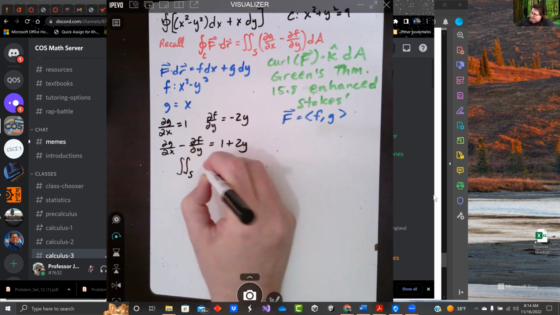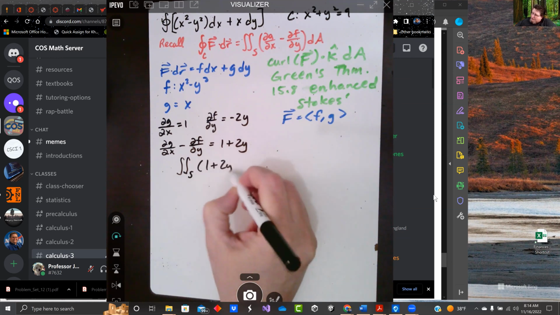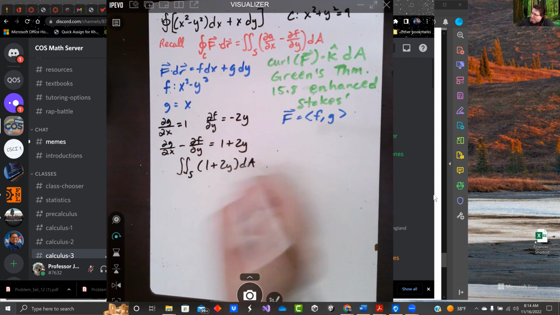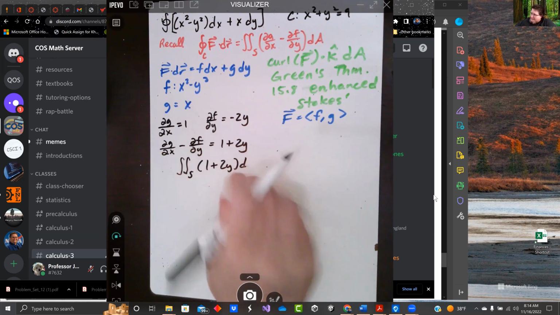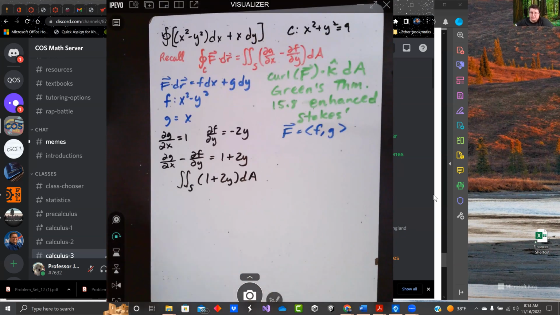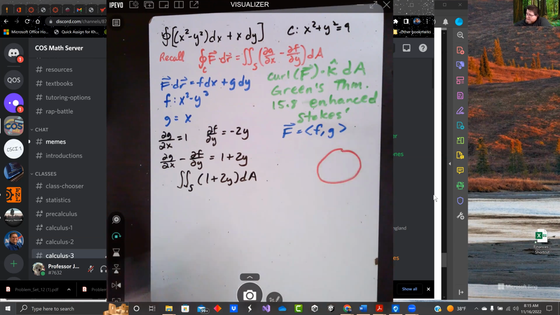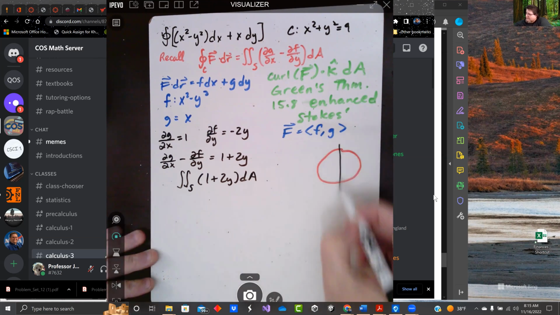So I'm just setting up our dG/dx minus dF/dy in a general format, and then I'm going to look at my curve and decide what dA I want to work with. So my curve has been provided as a circle of radius 3.